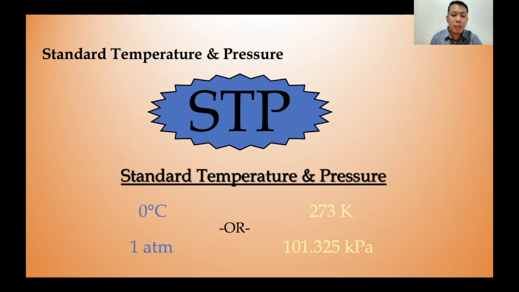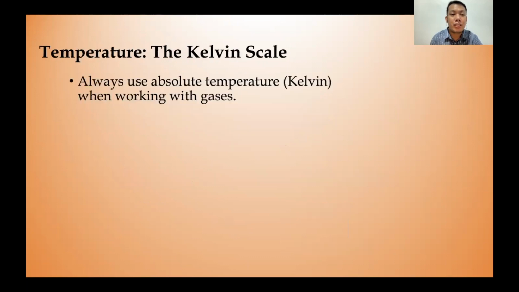For temperature, it is 0 degrees Celsius or 273 Kelvin, and for pressure, 1 atm or 101.325 kilopascal. If you will be using the STP, these are the units and values that you can use.